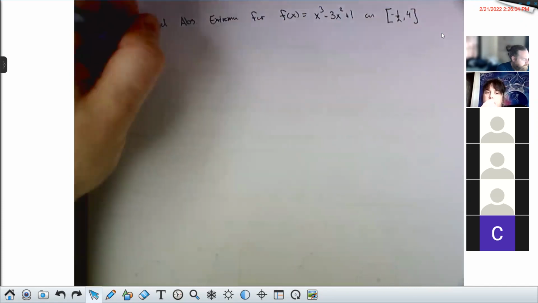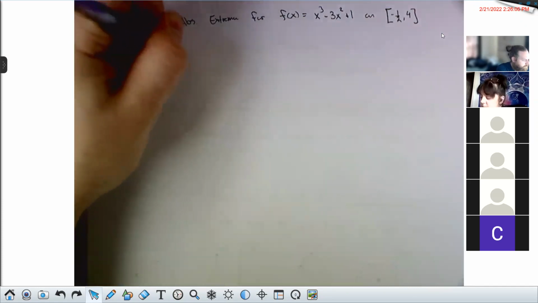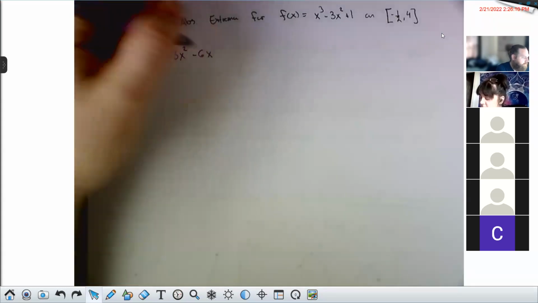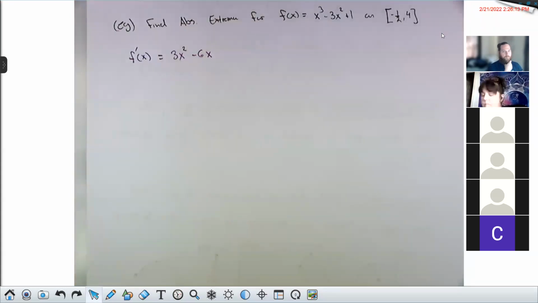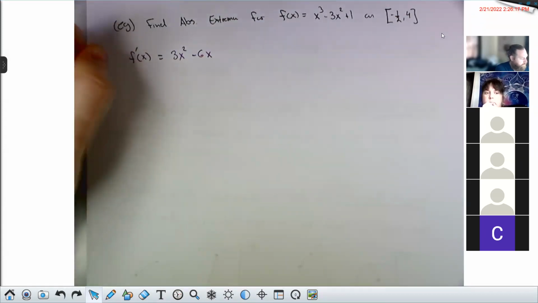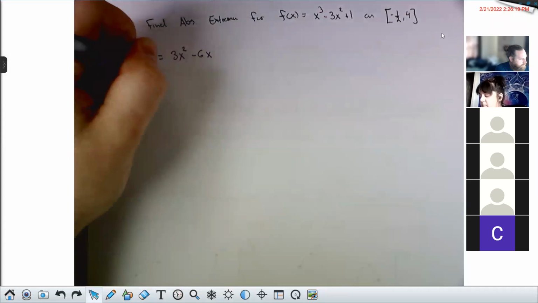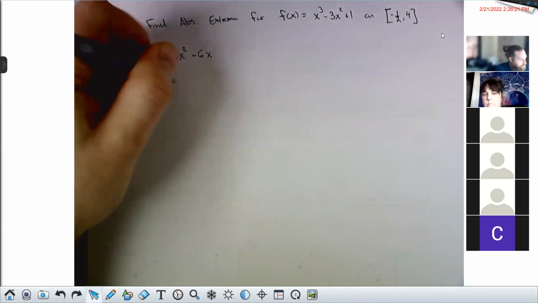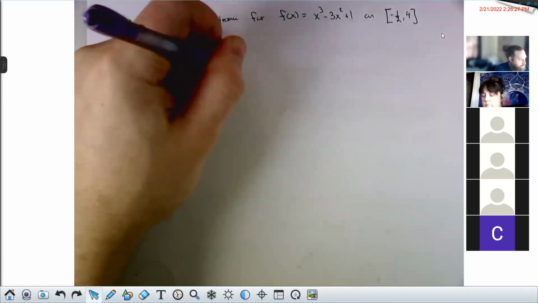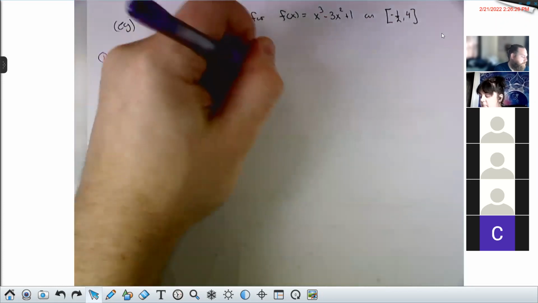F prime is not hard here. This is a polynomial, so we just apply the power rule. We get 3x squared minus 6x. F prime of x is going to be equal to 0 if and only if 3x squared minus 6x is equal to 0.